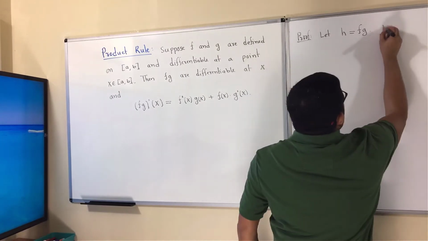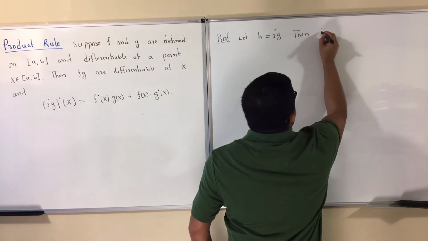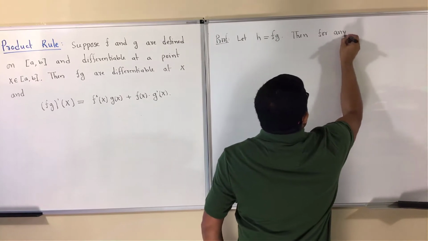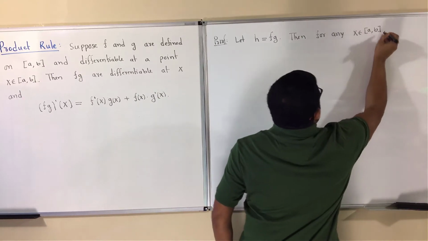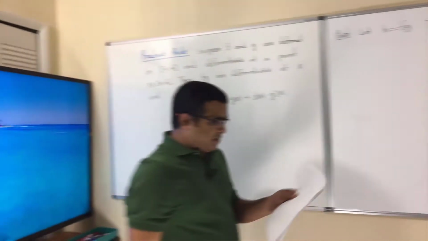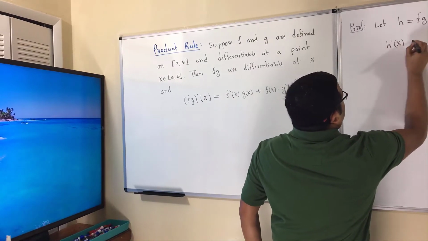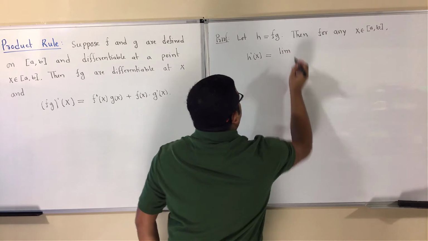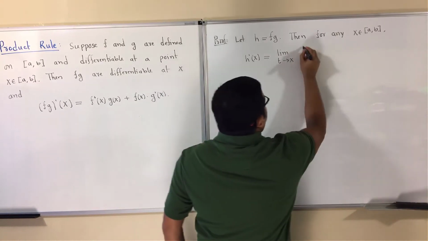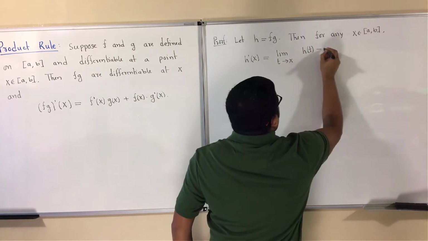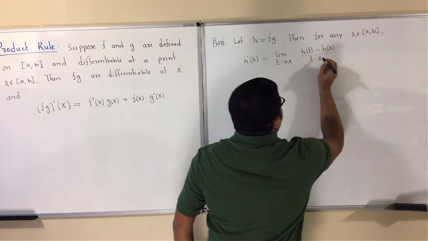Then for any x in AB, we can write from the definition of derivative h prime of x equals limit of t approaches x, h of t minus h of x over t minus x.